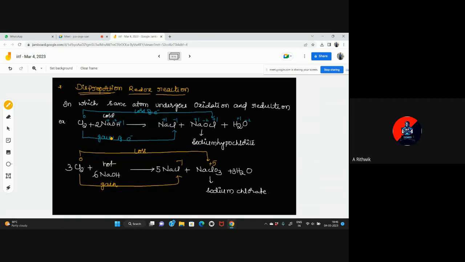Then how can we know whether it loses or gains electrons? For that, we need to calculate the oxidation state. Then only we can find out whether it is losing or gaining. Okay, so this is about disproportionation redox reactions.